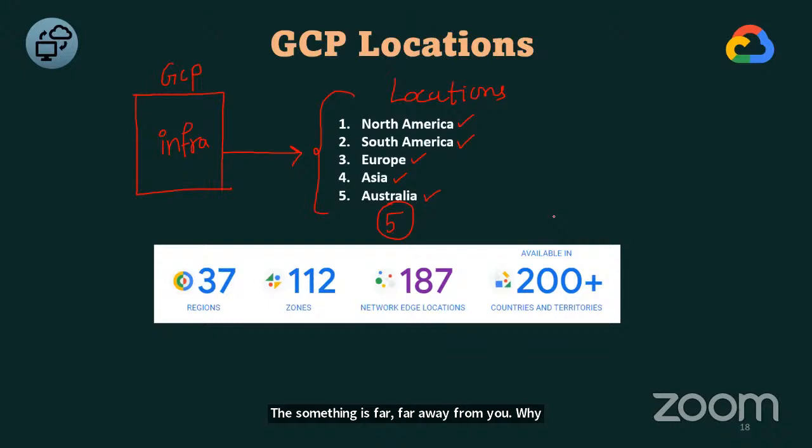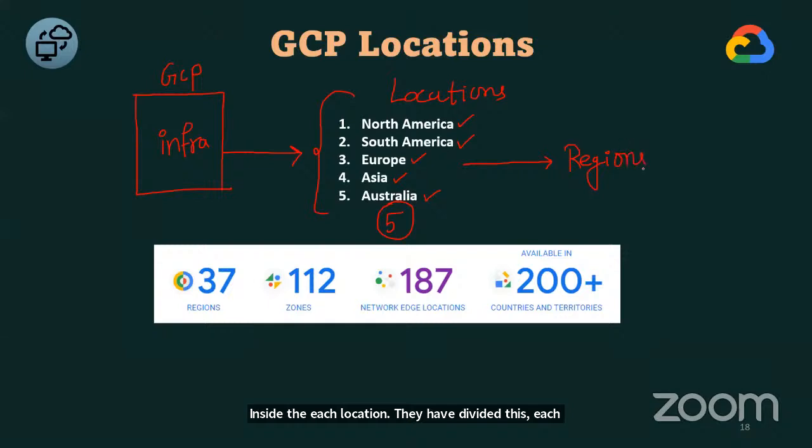Connecting to it takes a lot of time, and there will be buffering and network lag. Keeping that in mind, Google Cloud Platform has divided its infrastructure into a total of 5 locations, and inside each location, they have divided it into regions again.